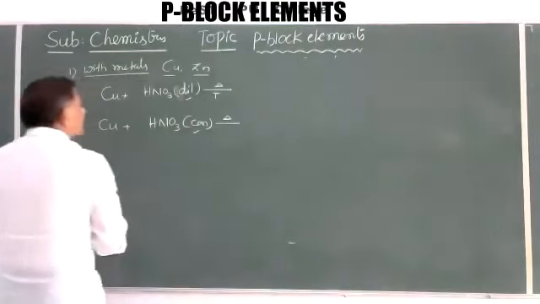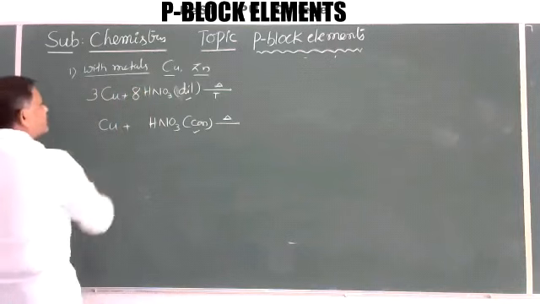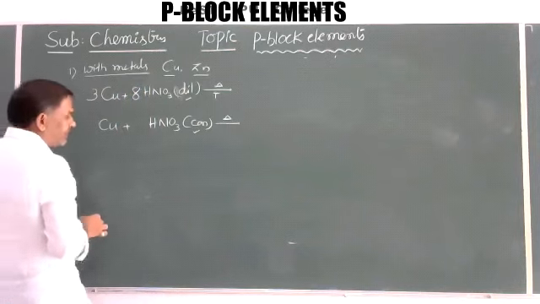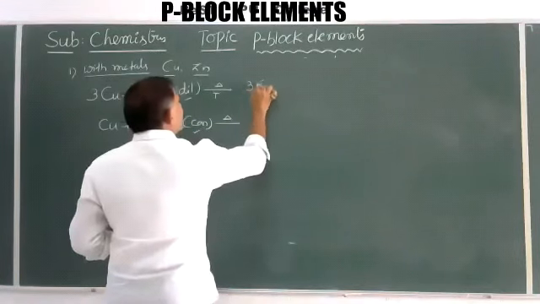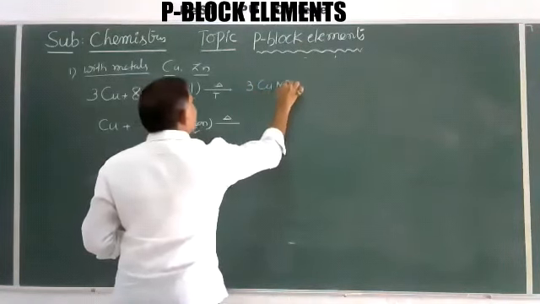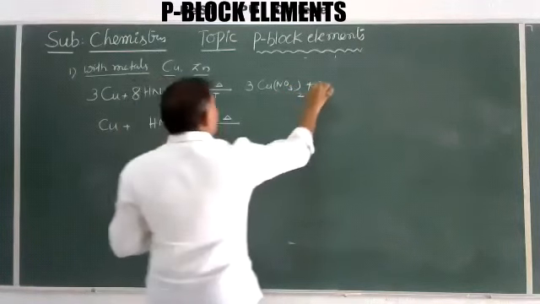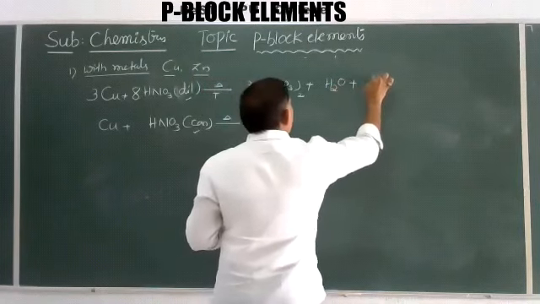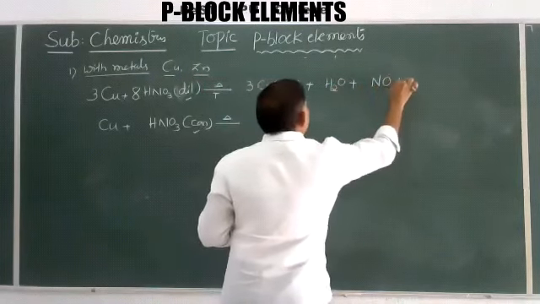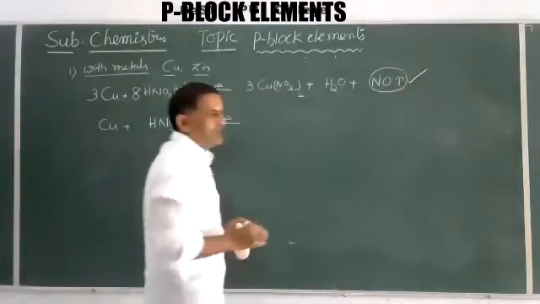In copper, take 3 moles of copper and 8 moles of HNO3 in dilute conditions. It gives 3 Cu(NO3)2 plus water, H2O, plus NO, nitric oxide gas, formed in dilute conditions.